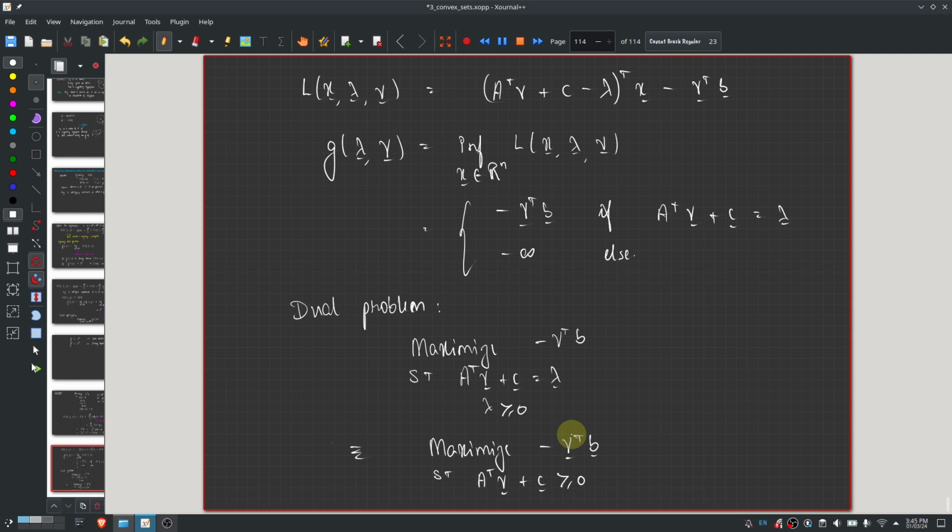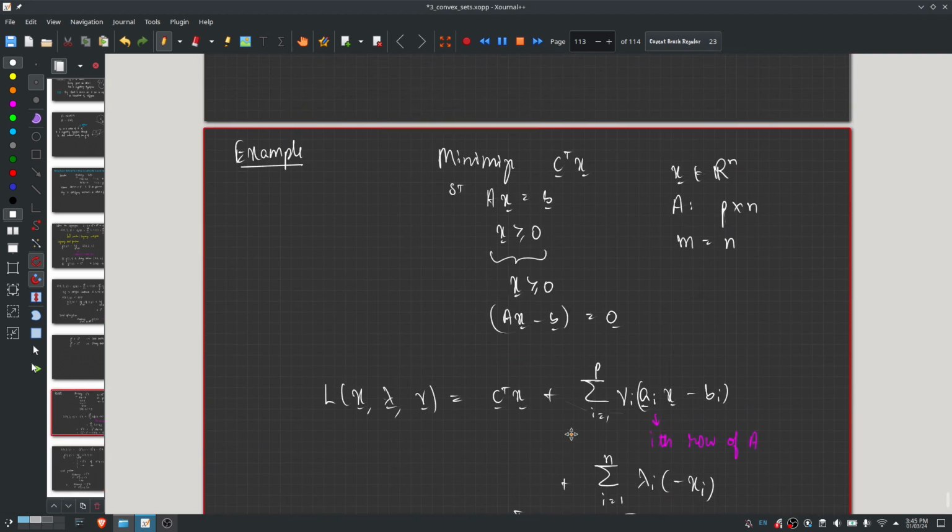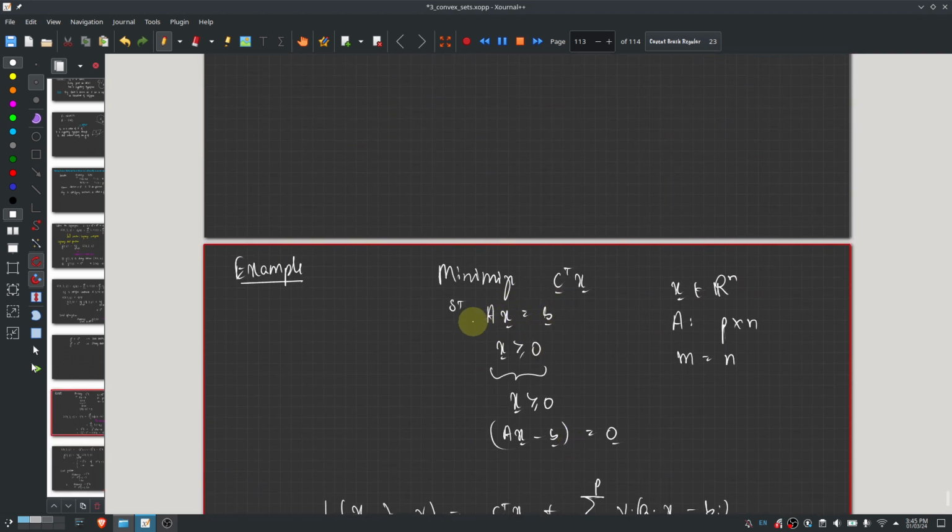nu lies in R^p, right? Recall that we were doing this optimization in essentially some affine space of dimension, sorry, it should be n minus p, correct? Because Ax equal to B, I have p equality constraints. So the set of all x that satisfies these conditions would be in an affine space of dimension n minus p.